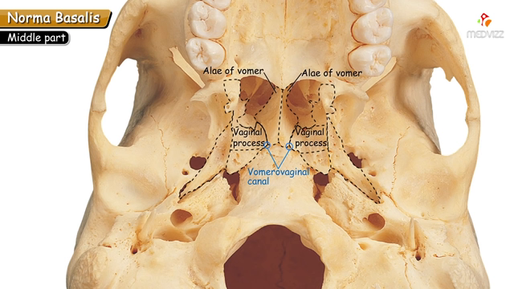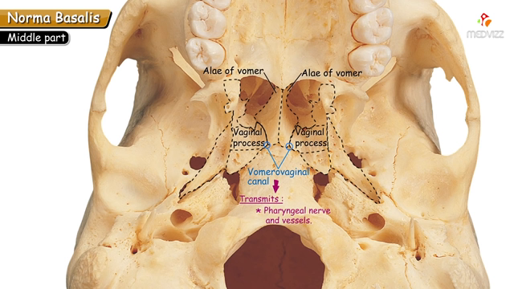Each ala will articulate with the vaginal process of the medial pterygoid plate. At the site of articulation, we can see this gap, which is termed the vomerovaginal canal, and this canal transmits pharyngeal nerve and vessels.